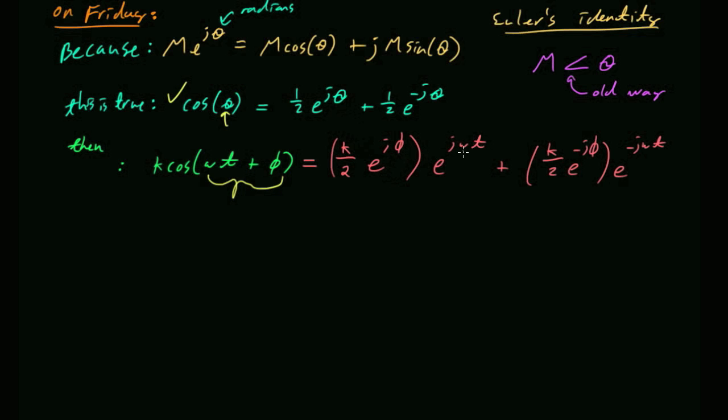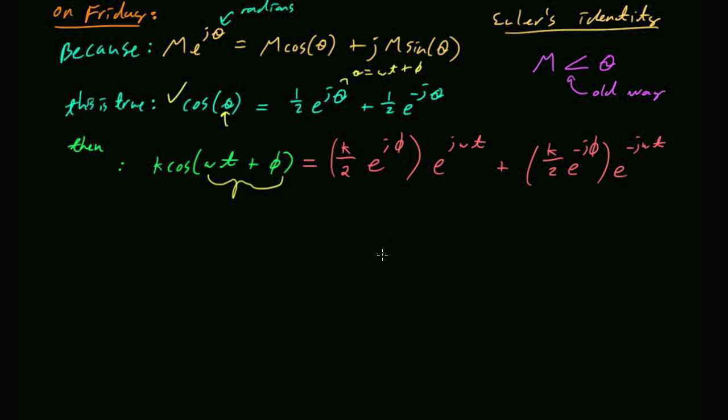That's what I get by replacing this theta with omega t plus phi. So there's your e to the j omega t right here, and your e to the j phi is right there. Okay, so it's all accounted for. It's just a substitution.